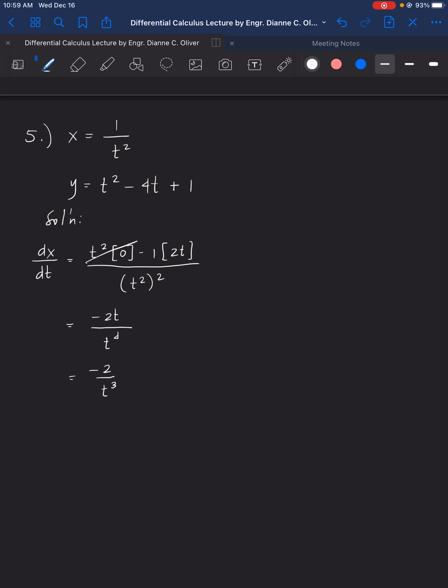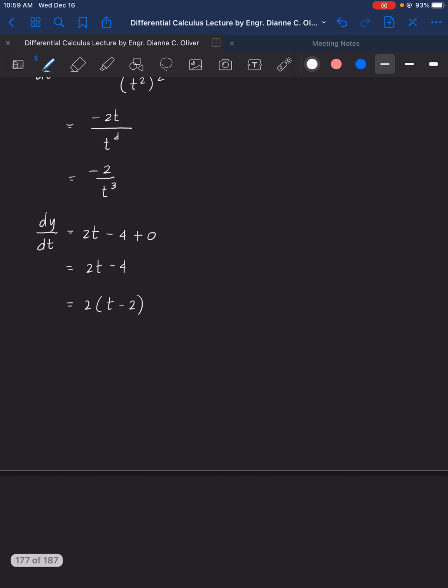For dy with respect to t, derivative of y with respect to t, we have 2t minus 4 plus 0. That is equal to 2t minus 4, or we can have it 2 times t minus 2. So that is for dy over dt.